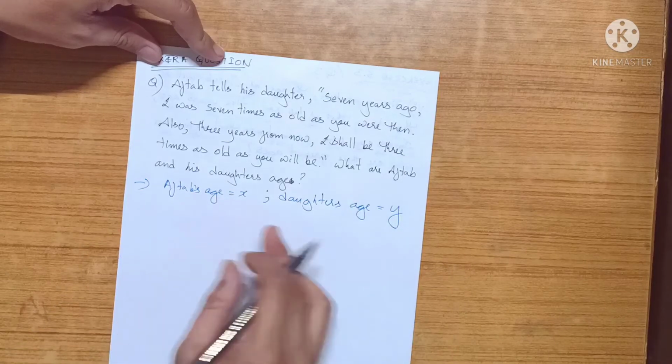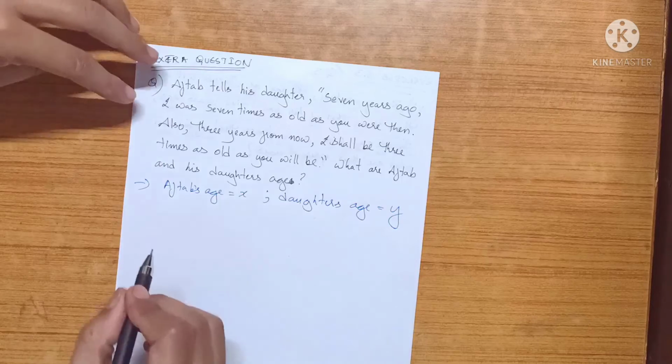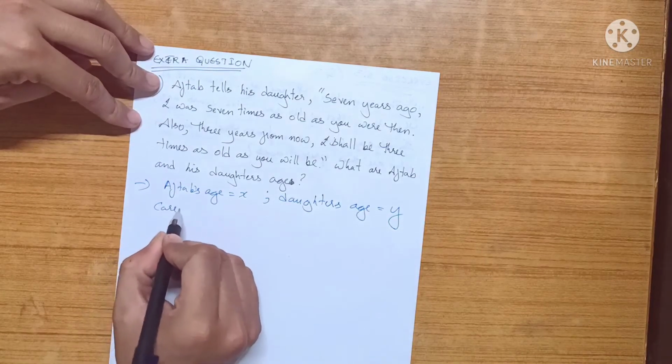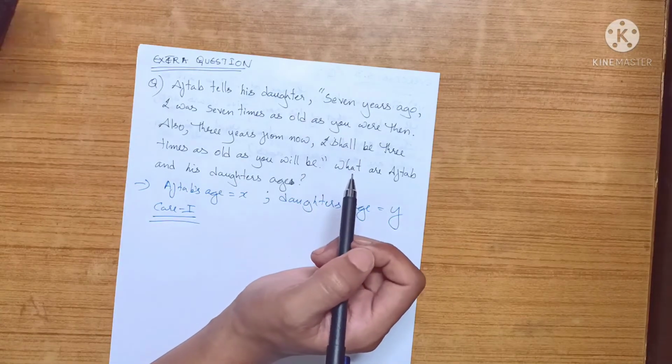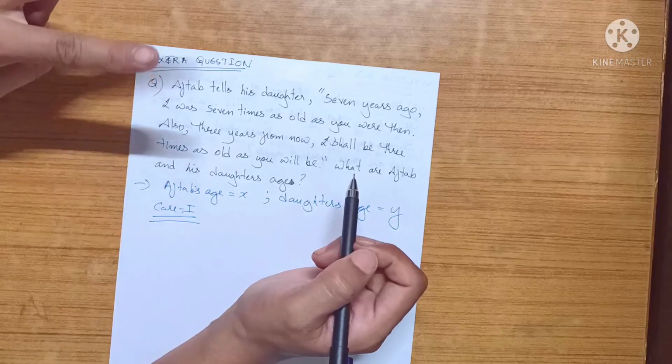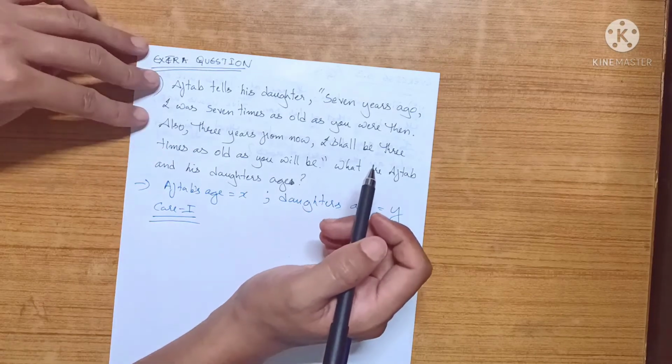So we have Aftaf's age as x and daughter's age as y. So case 1. See, when it's about an age question, they're always going to give you something about the past, and then they're always going to give you something about the future also. Two situations they'll give you, one about the past and one about the future.